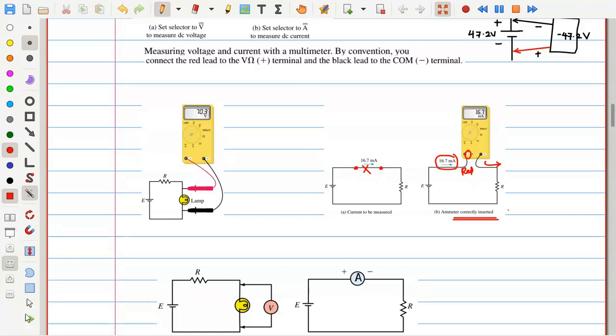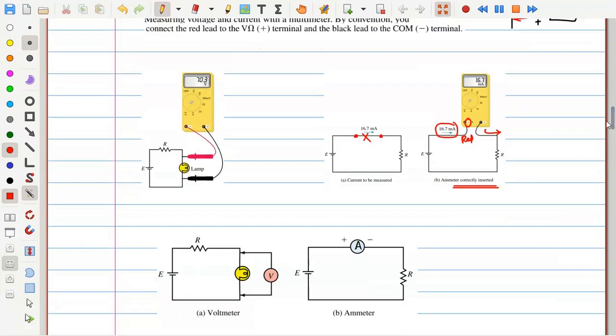So we usually connect the voltmeter across the element wherever we need to measure the voltage. See here, this is parallel. Parallel means across. Whereas the ammeter is connected in series with the element wherever we need to measure the current.